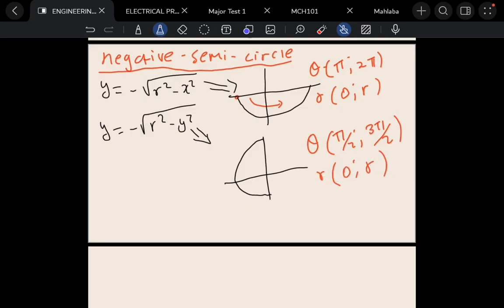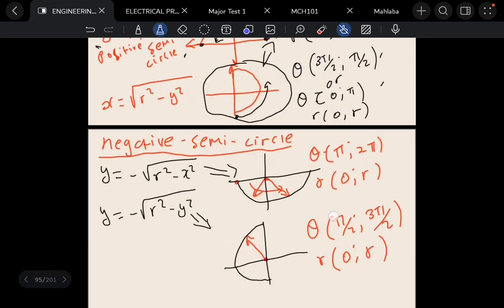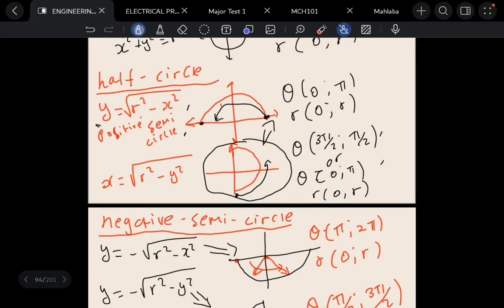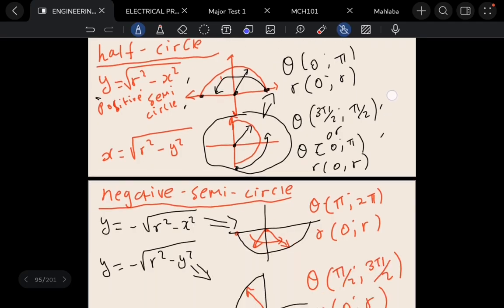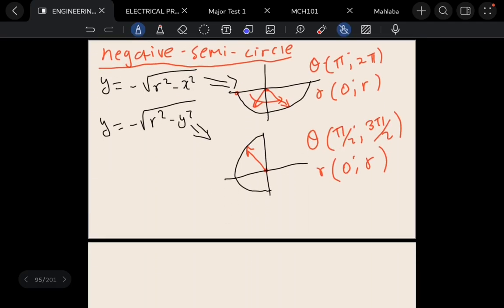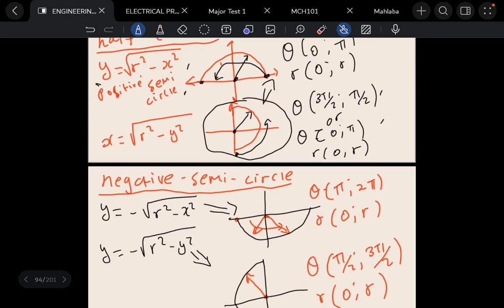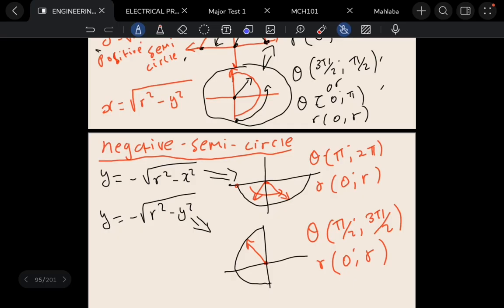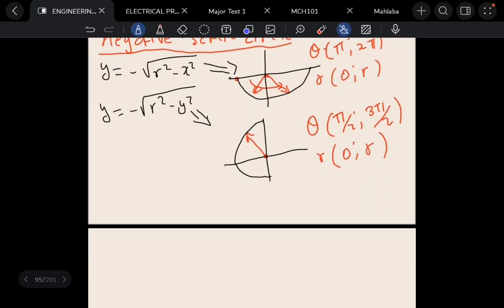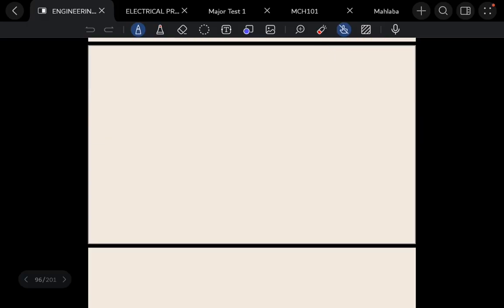Your r will always start from the origin to the outermost point. So now you understand the picture of the polar coordinate, as you are changing from XYZ to polar coordinate.